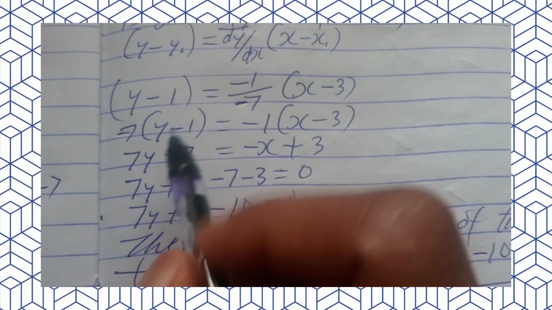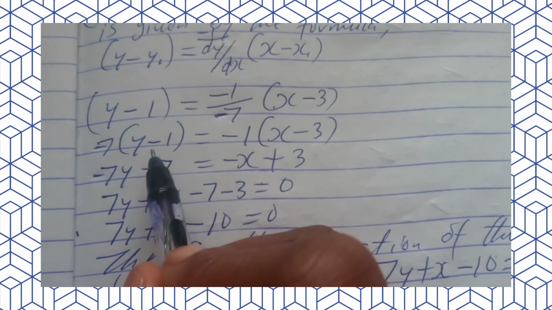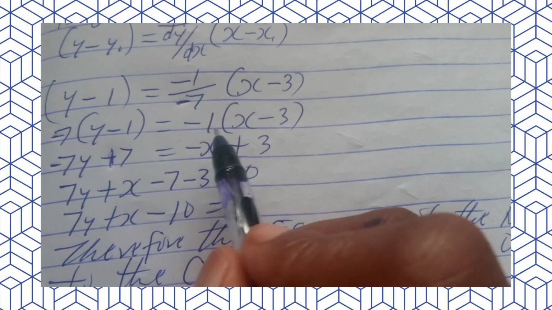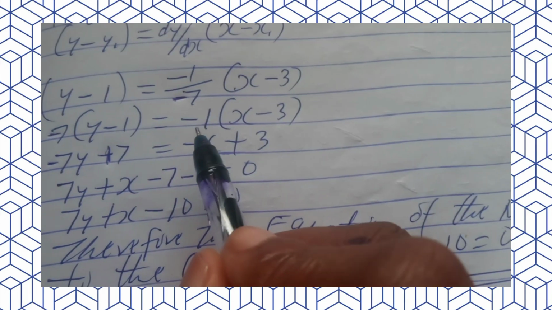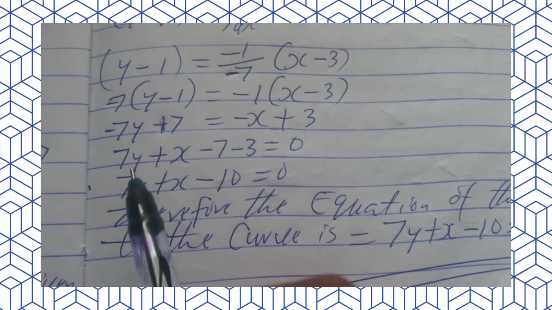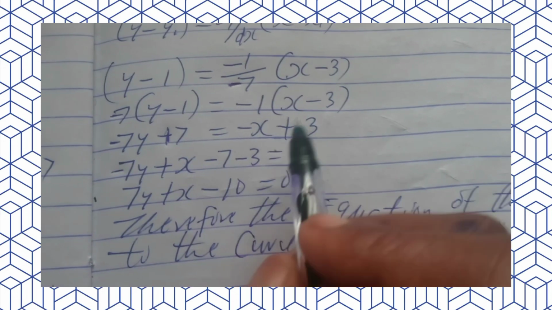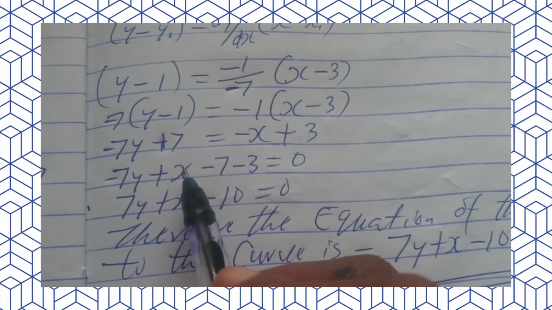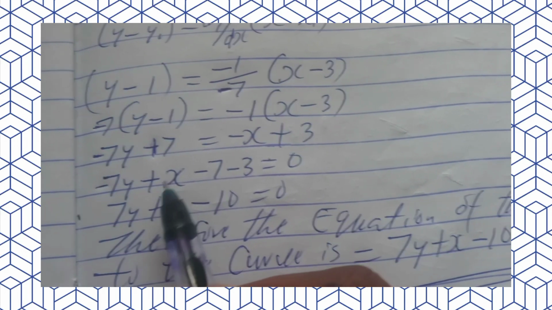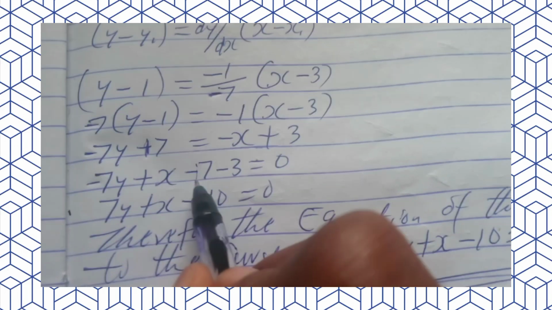So minus 7 times y is going to give us minus 7y. Minus 7 times minus 1 is going to give us plus 7, equals minus 1 times x is going to give us minus x. Minus 1 times minus 3 is going to give us plus 3. So here now, minus 7y plus x, because when this minus x crosses the equality sign to the left hand side, it becomes plus x, then positive 7 here.